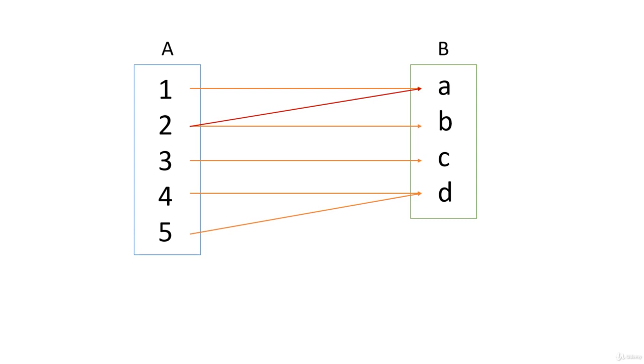So this is not a function. And also every element has to point to some element in B. So if I get rid of this arrow, f is not a function, because it doesn't return y for every x. I think this is pretty clear, so let's look at some properties.